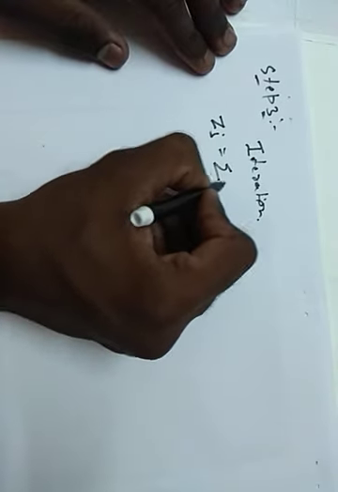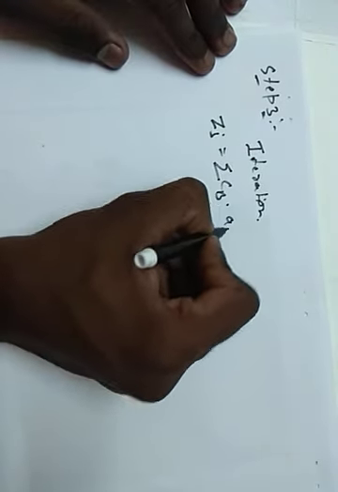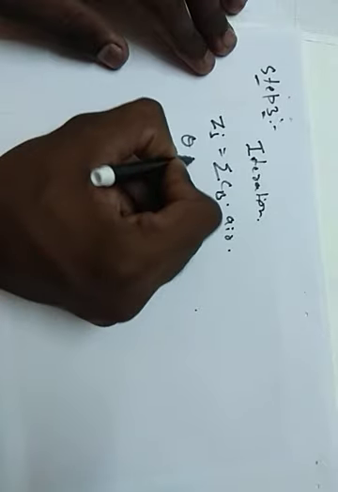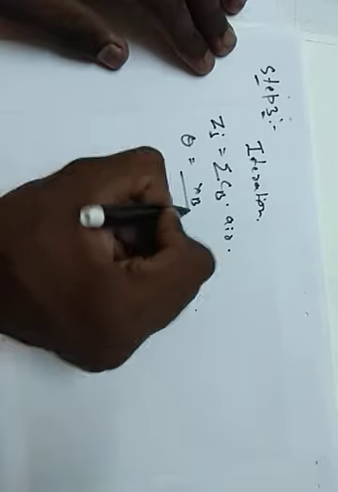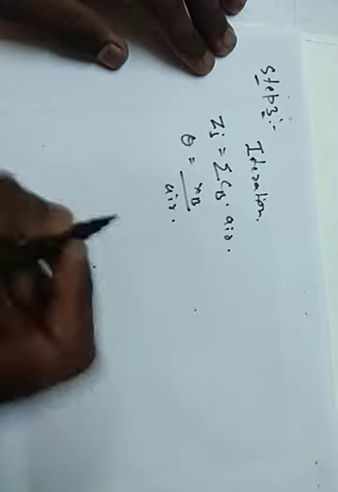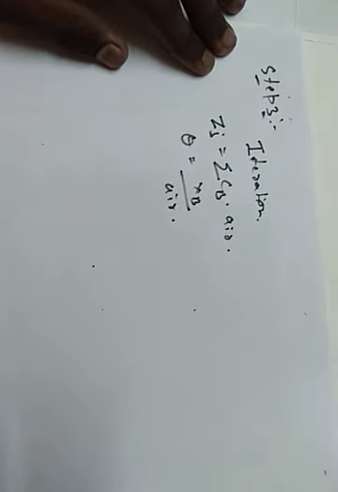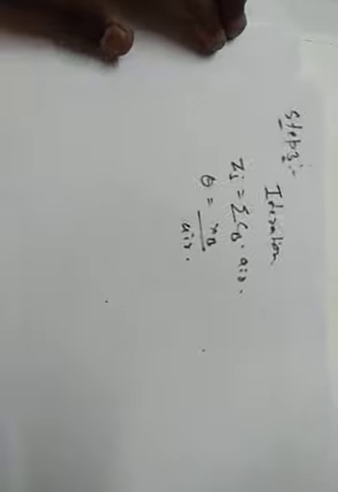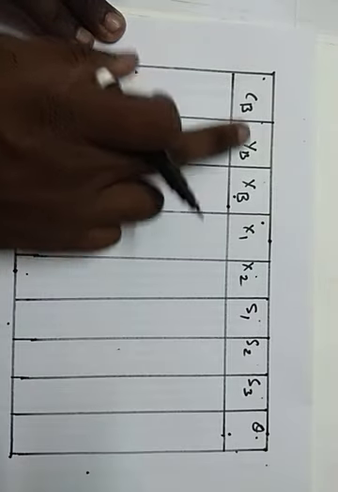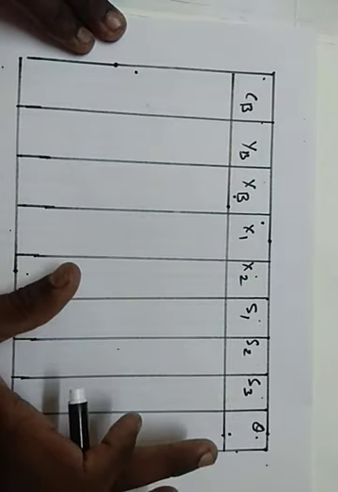Zj equal to summation of CB into Aij and theta equal to XB by Aij. The basic formulas are these ones. While constructing this first iteration, I have already created a tabular column. So this basic variable should be already given. So please learn it by heart.